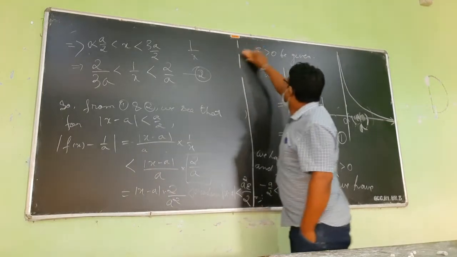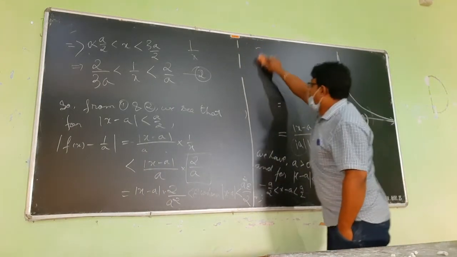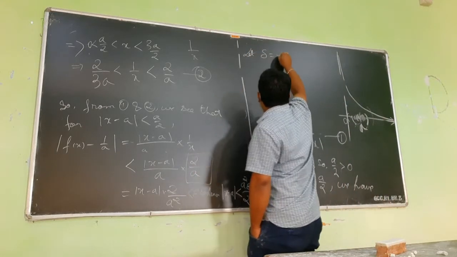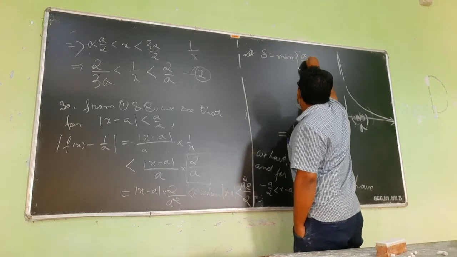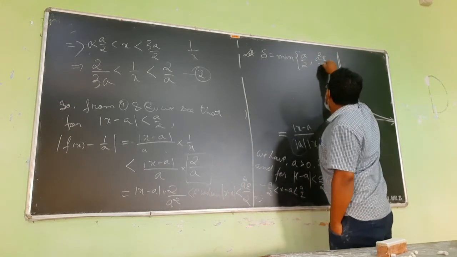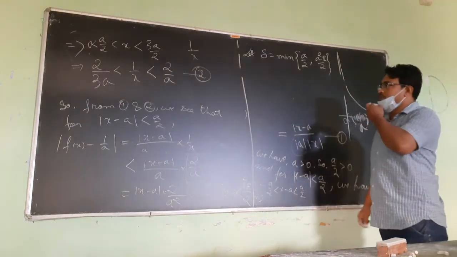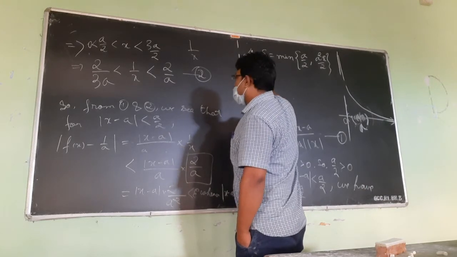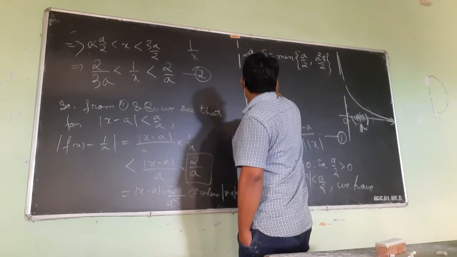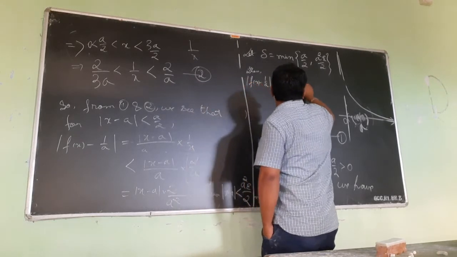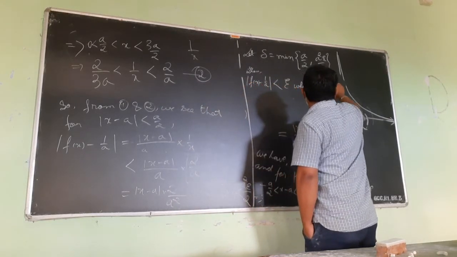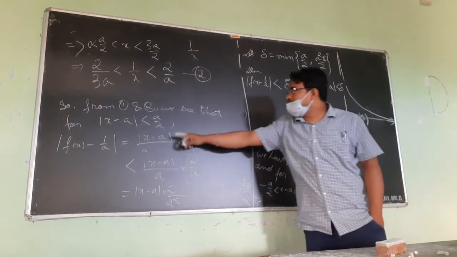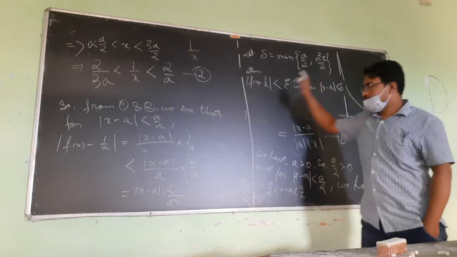So let delta equal to minimum of a by 2 and a square epsilon by 2. We take delta to be minimum of these two quantities. Then what happens? Then mod of f x minus 1 by a is less than epsilon whenever mod of x minus a is less than delta, because if it is less than a by 2 this will be satisfied, and if it is less than the other this will be satisfied.